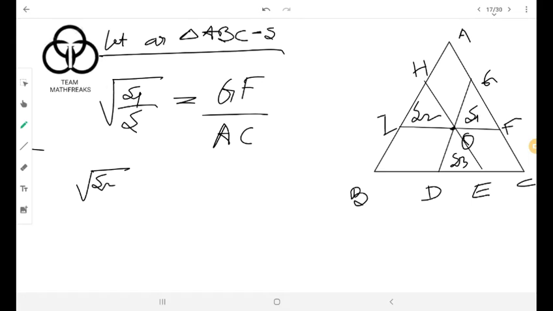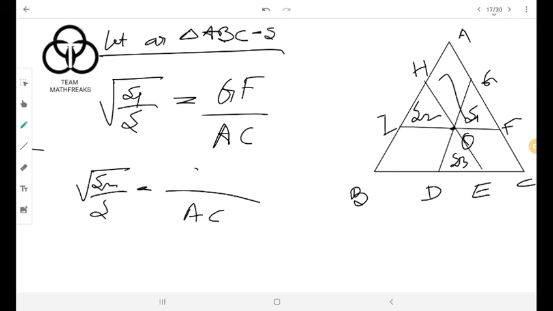Similarly, root of S2 over S can be expressed in terms of AC. Now let's try to write this also in terms of AC. For S2, you just see which line corresponds to AC.